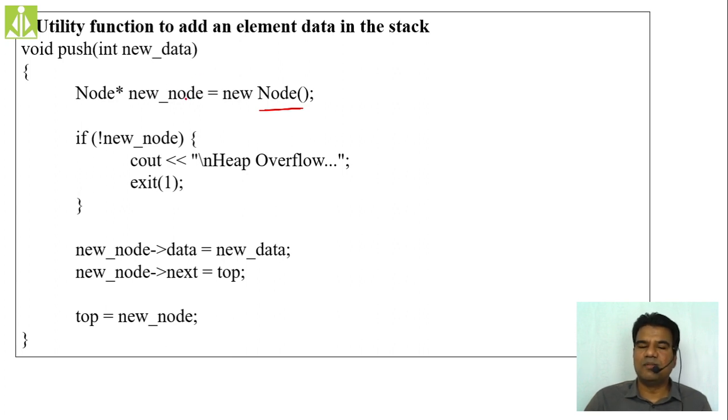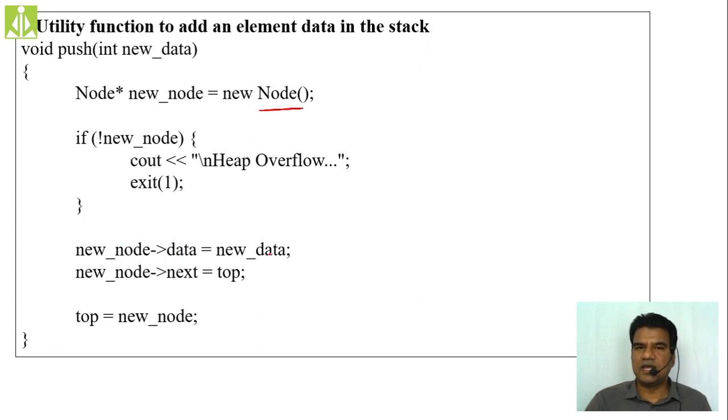So if the new node is holding null, meaning no memory was allocated, then we report heap overflow. If this new node has been allocated some memory, then we perform these operations.